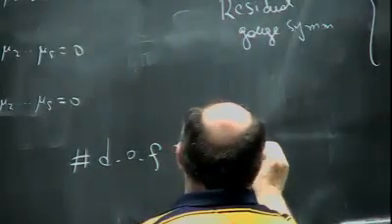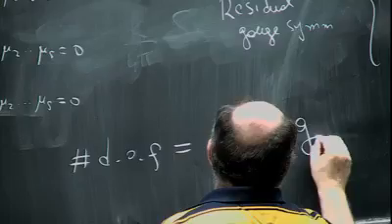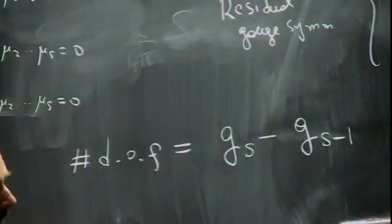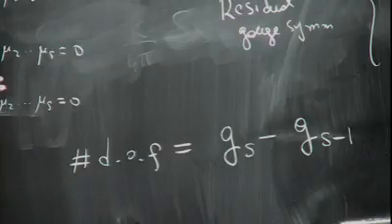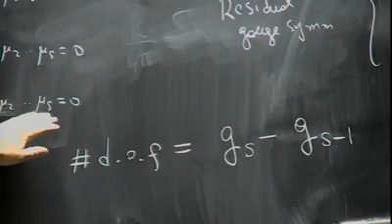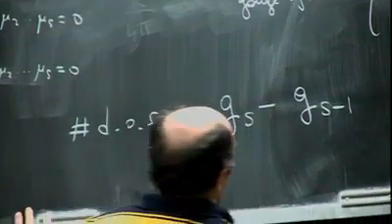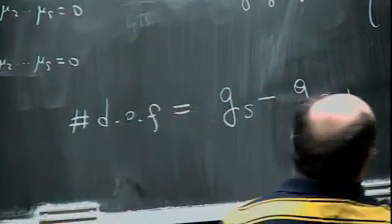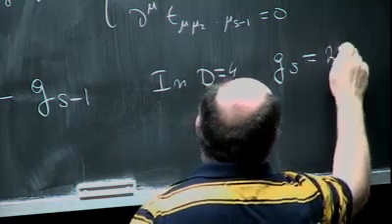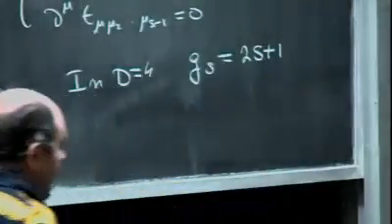So let's call it G_S minus G_{S-1}, where G_S is the number of propagating components of a transverse field of spin S, transverse, totally symmetric and traceless. For example, in D equal 4, it's well known that these are just 2S plus 1.